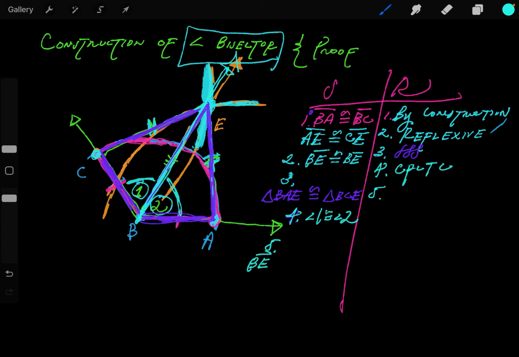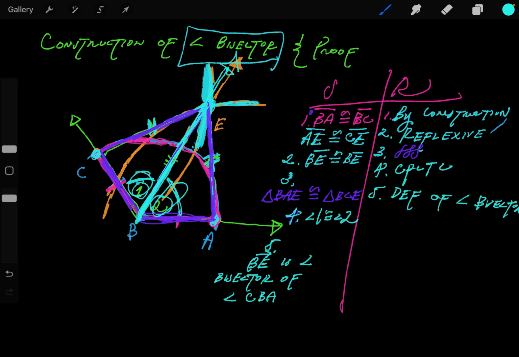Ray BE is angle bisector of angle CBA. And that's definition of angle bisector. Because I've shown that the two parts, the two angles that this ray broke up the original angle into are congruent. And that means that this is the angle bisector. This piece is the same as this one, then this is the angle bisector. And then that's it.